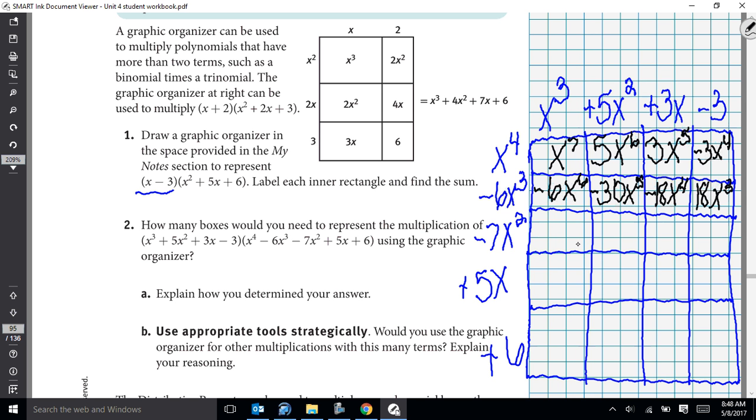For this one, we have negative 7x squared times x to the third. And then here we have negative 7x squared times 5x squared. And this one, negative 7x squared times 3x.